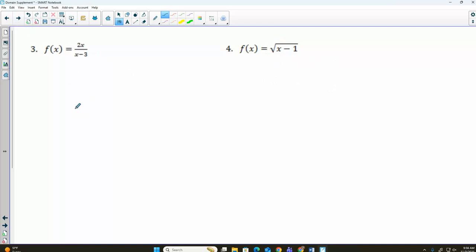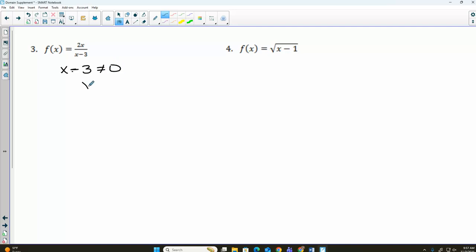Number 3. So, we have a fraction. In a fraction, what can't happen? So the bottom of this fraction, so x minus 3, can't equal 0.